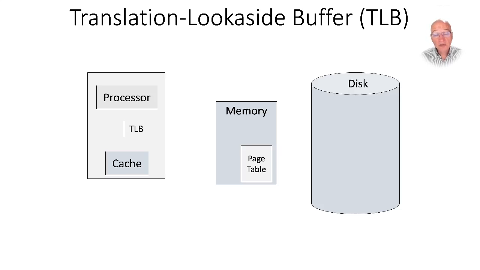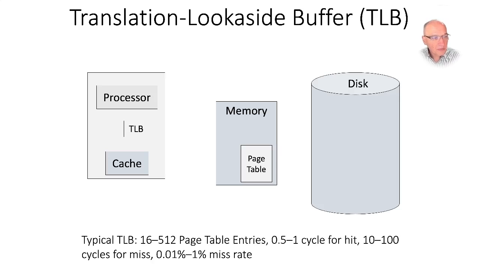And due to temporal locality, there is a high likelihood that the processor is going to access these pages again. So we're going to have this TLB, the translation look-aside buffer, contained inside the processor, and it remembers or stores the most recent translations that have been done.